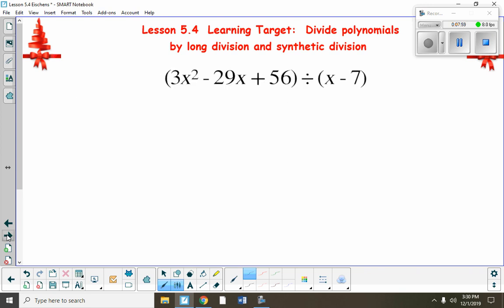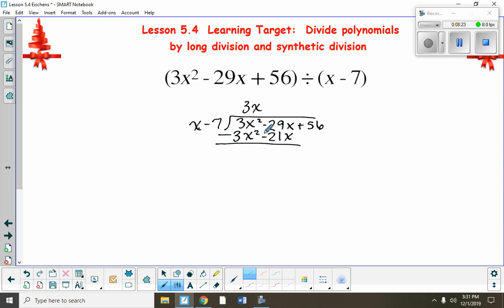All right, here's another one to practice. Let's do this. x minus 7 into 3x squared minus 29x plus 56. So first we divide. So x times what would give us 3x squared? So 3x. Now we multiply. Then we subtract.